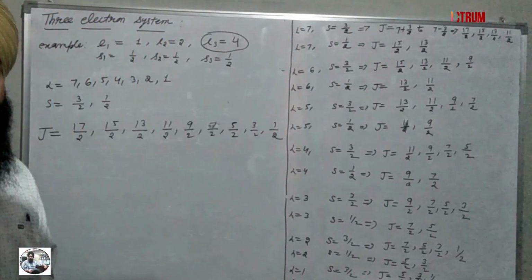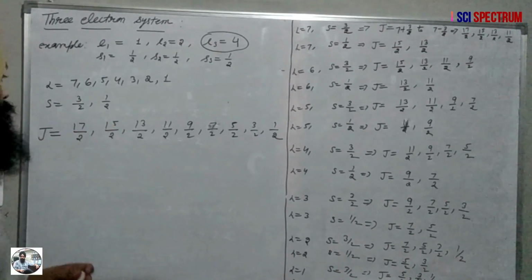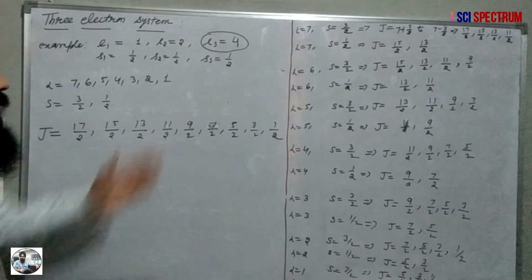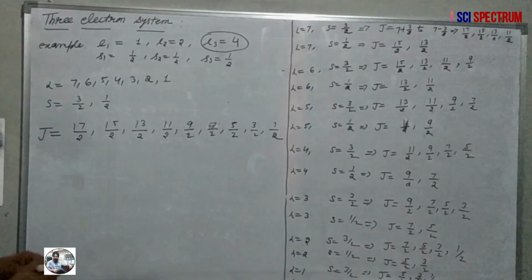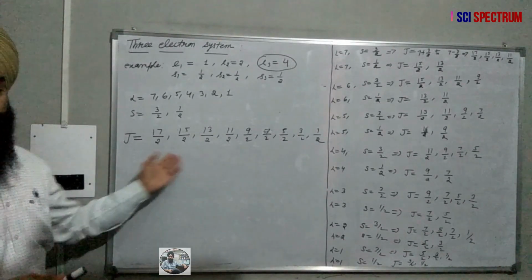These are all the L, S and J values. And corresponding to these values, we can find out the term values. So this is all about this example.